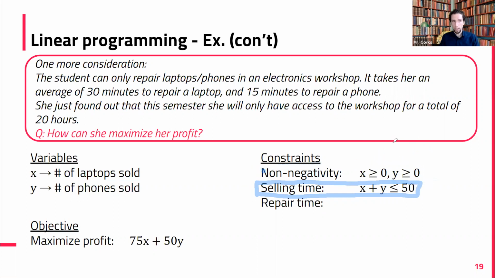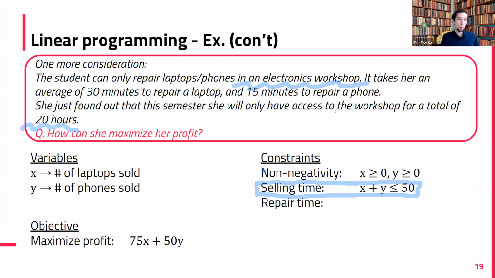But we now have another wrinkle, another problem that we're adding here. This person has a limited amount of repair time as well. They have to use some fancy electronics workshop to actually do the repairs. That makes sense. If you're going to tear apart a phone and fix it, you probably need a bunch of fancy equipment. So she only has 20 hours available in this workshop.